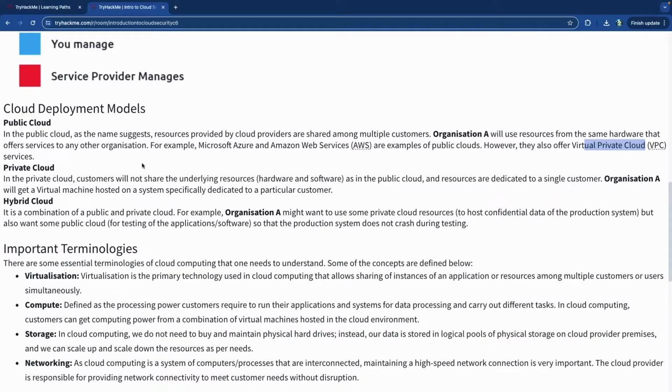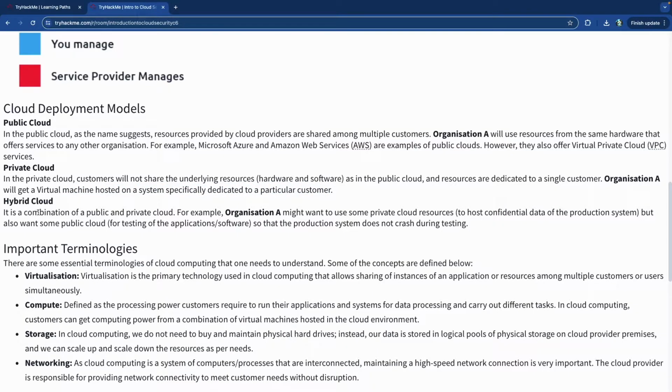So you could have two organizations using the same server, right? That could be a public cloud. Private cloud, customers don't share the underlying resources, hardware or software, and resources are dedicated to one single customer. So organization A will get their own virtual machine hosted on a system specifically dedicated to that particular customer.